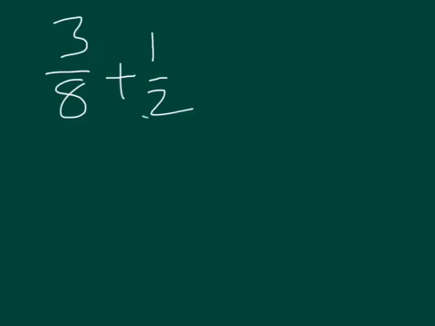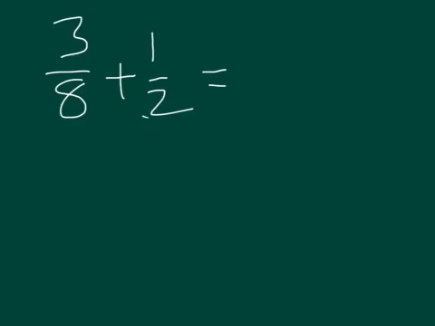So let's look at an example problem. 3/8 plus 1/2. All right, so we can't add fractions with different denominators. So we actually need to change our denominators so we have common denominators. So we actually have to change 1/2 because we can't change 3/8 into halves. So we actually need to change 1/2 into eighths.